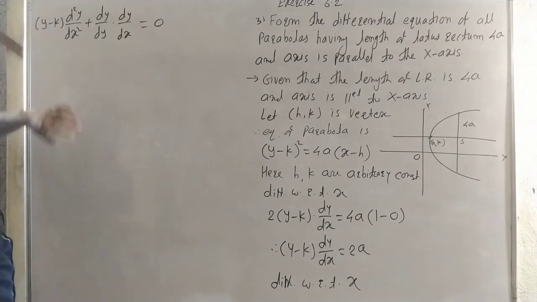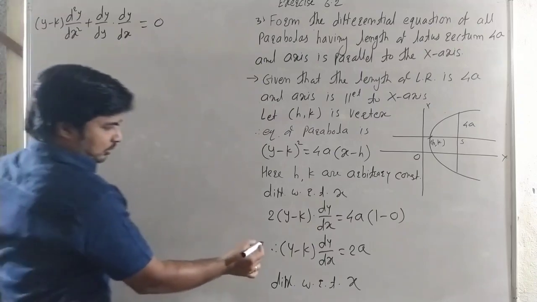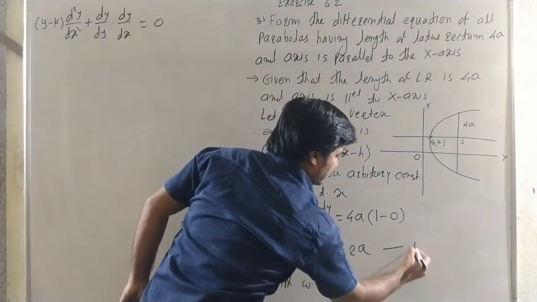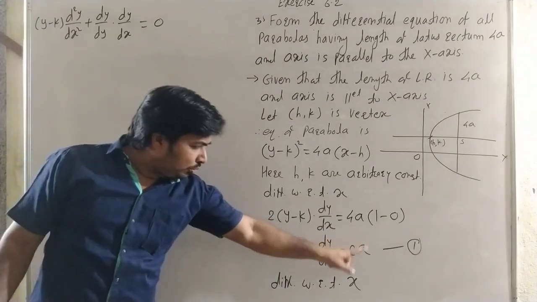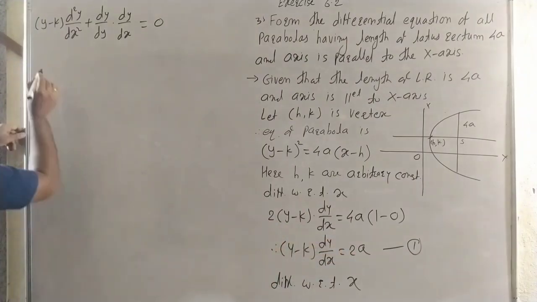See carefully this. Now here the k is an arbitrary constant remaining. Now remove this arbitrary constant. Therefore here it is equation number 1: y minus k is equal to 2a upon dy by dx.